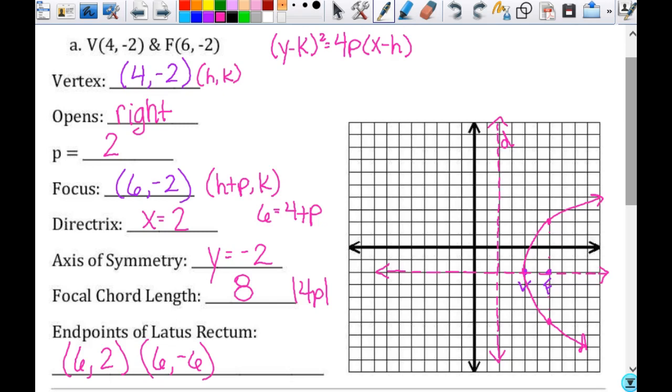Okay. So this is just going to be y minus the k, which is a negative 2, so plus 2 squared, equals 4p. Now be careful just grabbing this number here. In this case, is it just this number? Yes. Is it possible that it could be different than this number? Yes, because it could be negative, so just be careful with that.